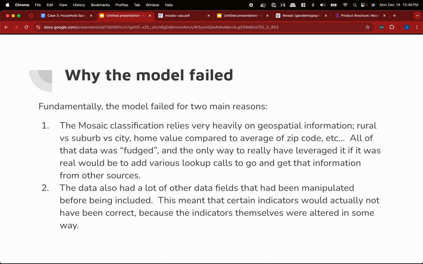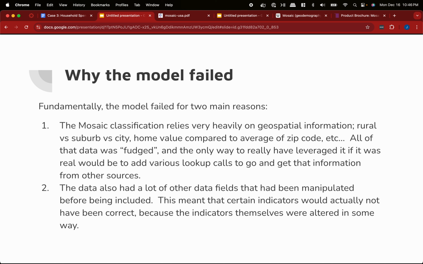And since most of that data was essentially fudged or had been altered previously, the only real way to have leveraged it would have been to have a function that, for example, took the zip code that was listed, and then went out and got the information that was missing as part of the overall program. The model wasn't able to predict as much as I had hoped.